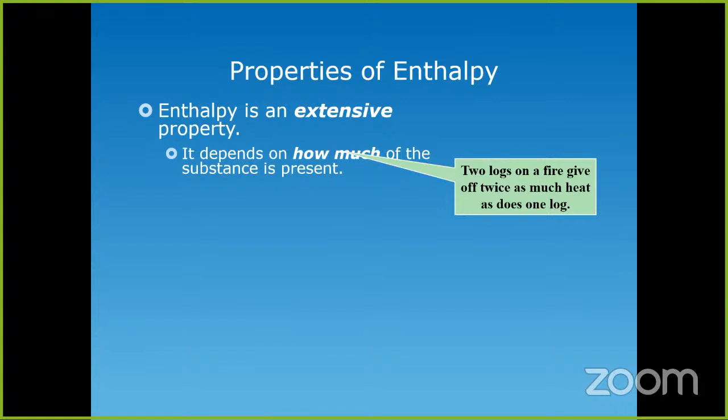Okay, so let's talk about the different properties of enthalpy. First thing we're going to say here is that enthalpy is an extensive property. What does that mean? It means that the amount of enthalpy change is dependent on the amount of substances that are present in a reaction. And you see here in this little green box, it says 2 logs on a fire gives off twice as much heat as does 1 log.